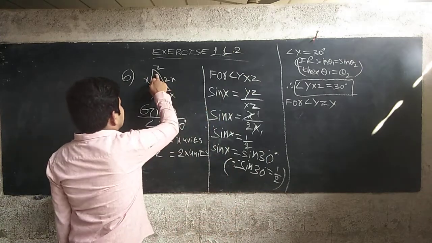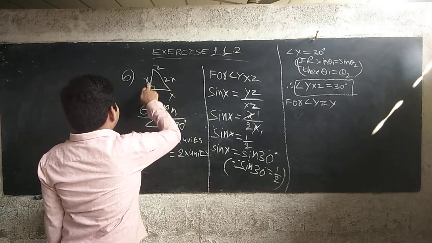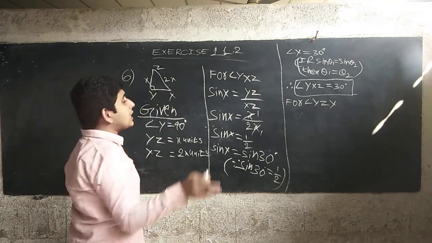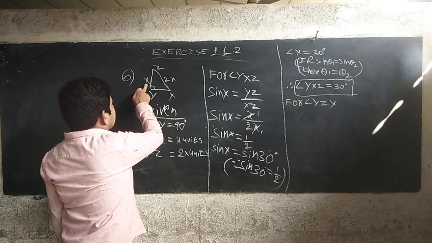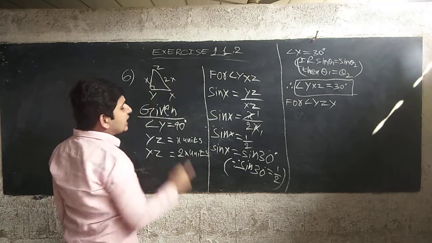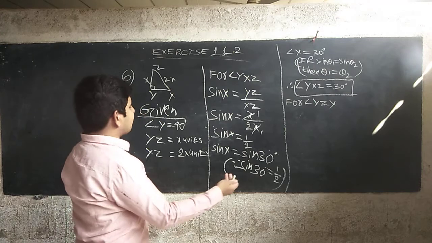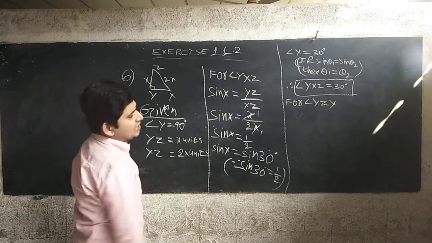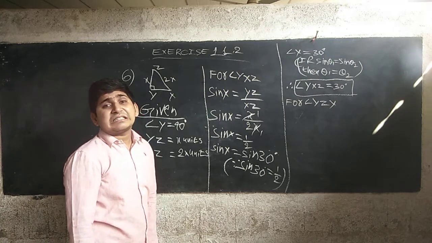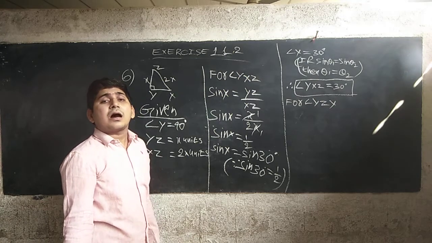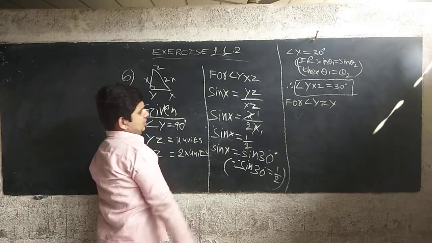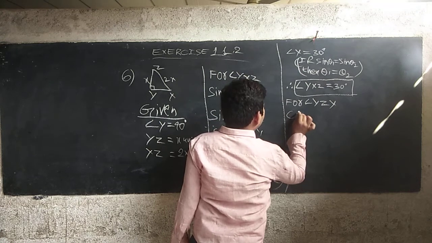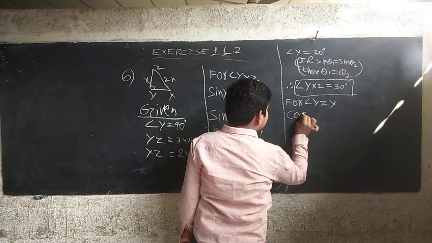Here for angle z, yz is the adjacent and xz is the hypotenuse. Adjacent side by hypotenuse is nothing but cos theta, so we have to take cos z.